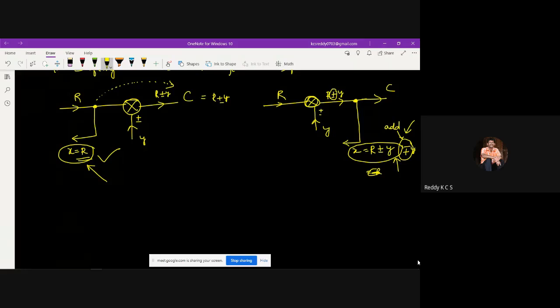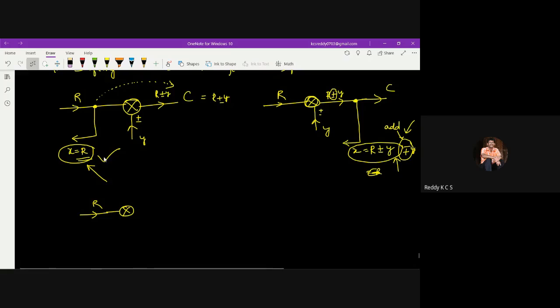Say for example, this is the R, and this is my Y signal which is coming to this summing point with plus or minus Y.